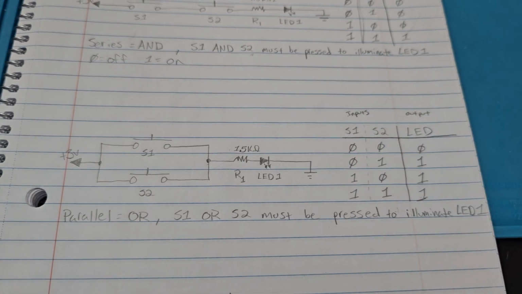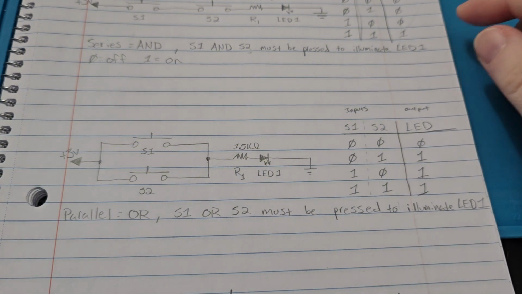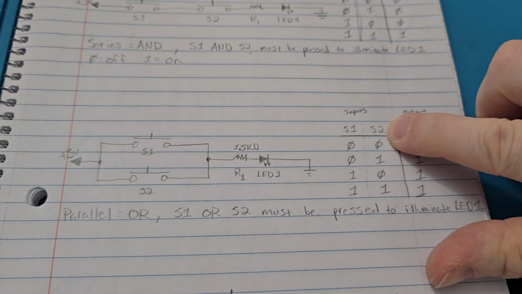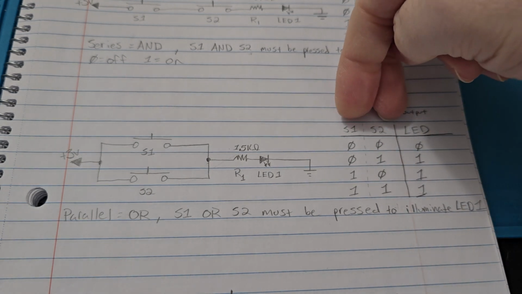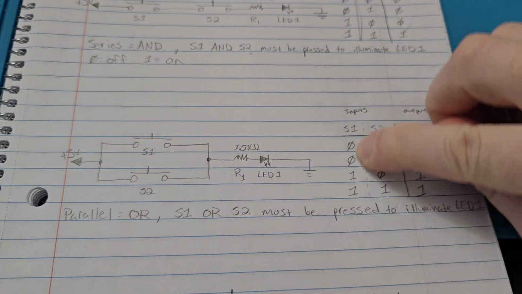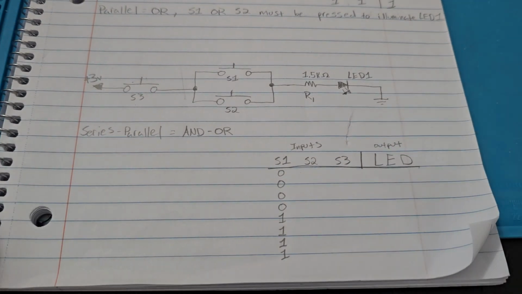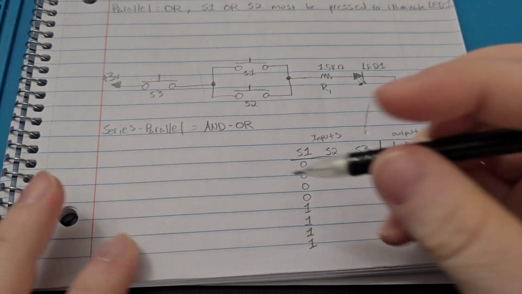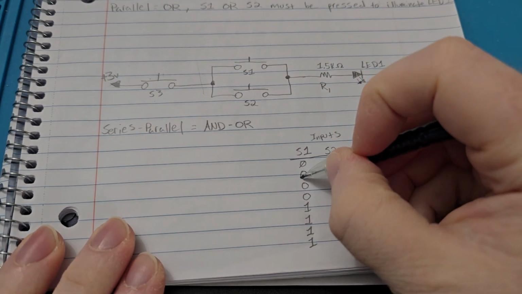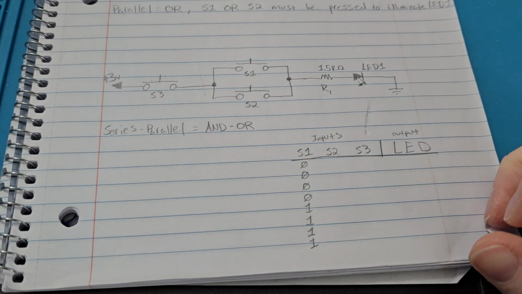And every time you add an input, you double the amount of combinations. So if we were just to have the one, it'd be off or on, right? But now we doubled it, so now we have 4 combinations. Off, off, on. Now that we added a third input, we double that. So now we have 4 of each, but a total of 8 combinations.